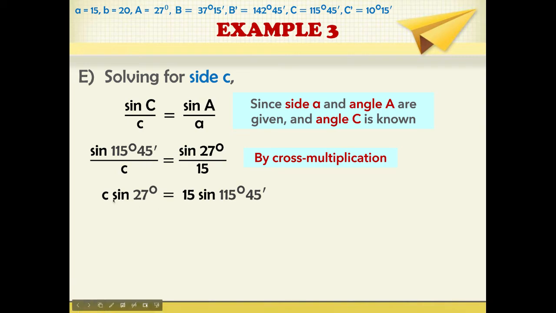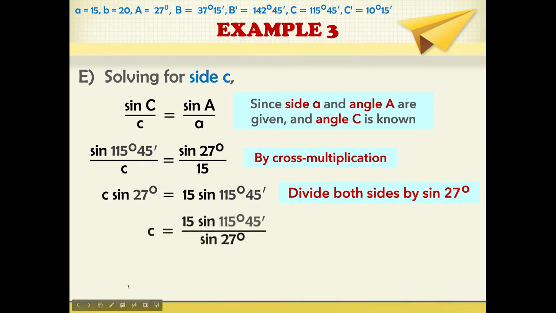Since we need to solve for C, therefore we need to cancel this sine 27 degrees. And how do we do that? We do that by dividing both sides by sine 27 degrees, which will give us this.